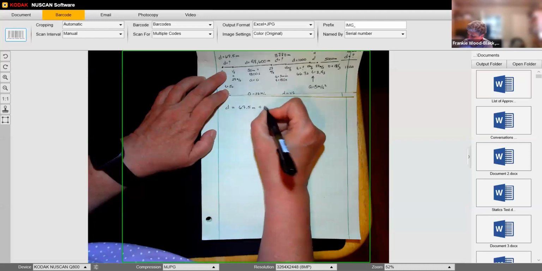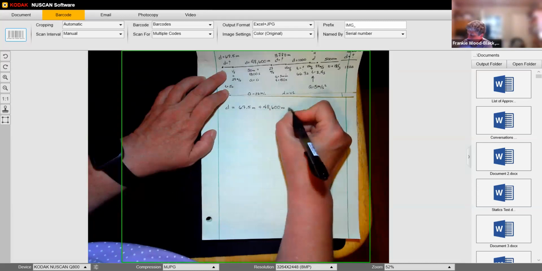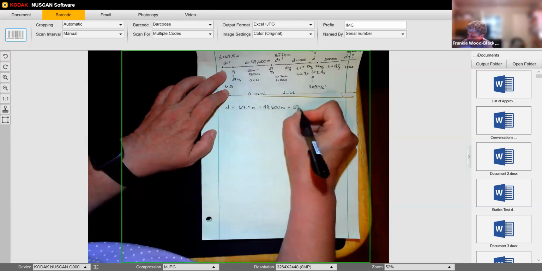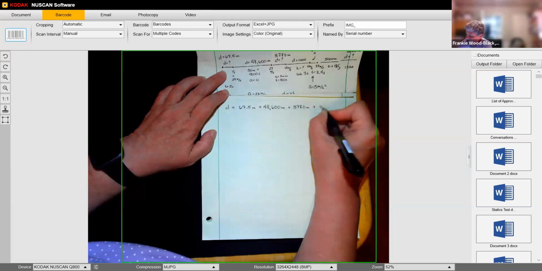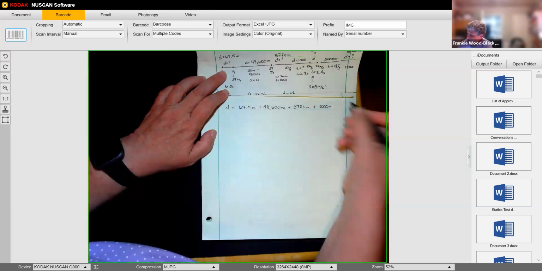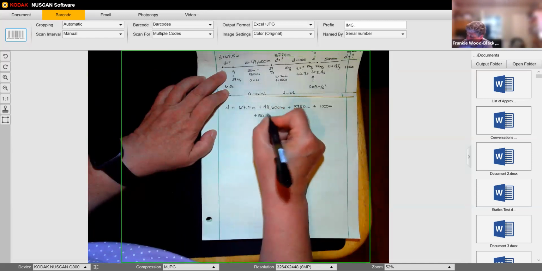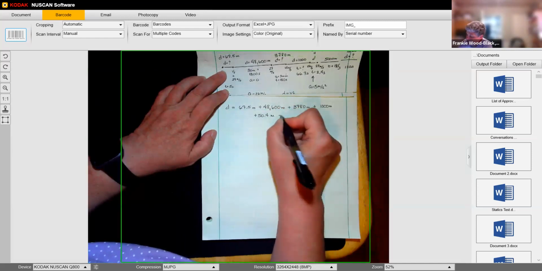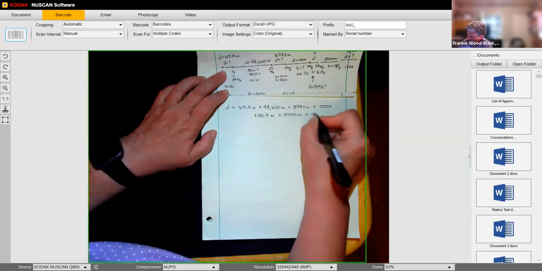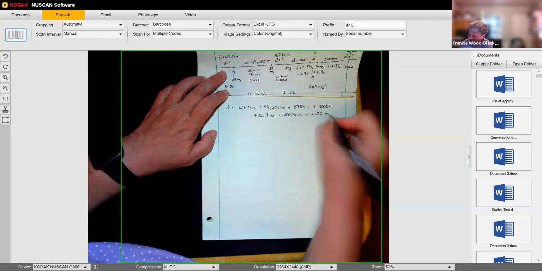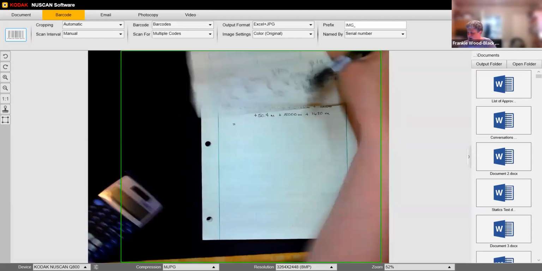The second part, which was 48,600 meters. The third part, which is 3,780 meters. The fourth one was 1,000 meters. Then we have plus 50.4 meters plus 5,000 meters plus 1,620 meters gives us a total distance. We add all of those up.